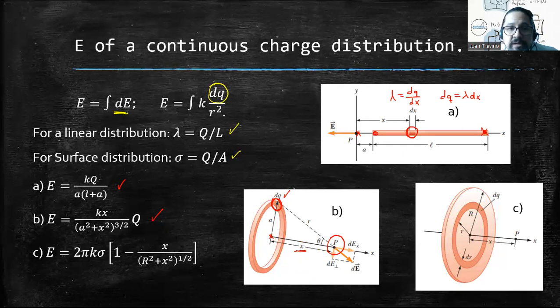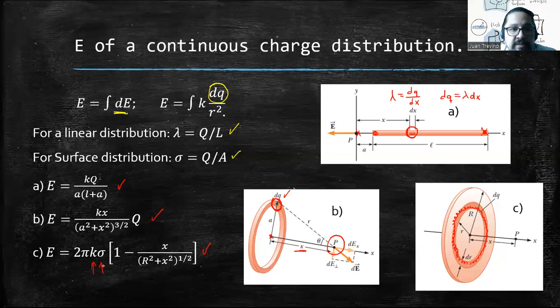Now, if we take advantage of this formula and suppose that the dq is over a small ring in a disk, we can do a smart integral. We can state this integral in a smart way, and after calculating the integral, we will end up with an expression like this, where k is again Coulomb's constant.